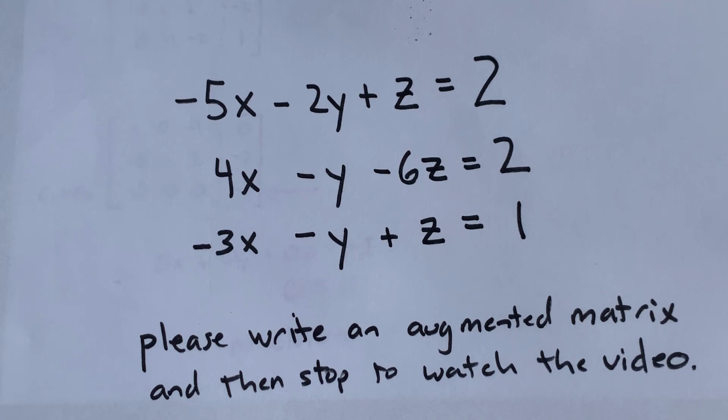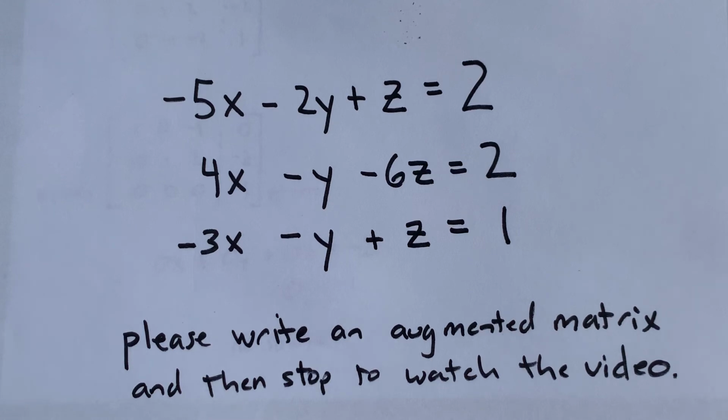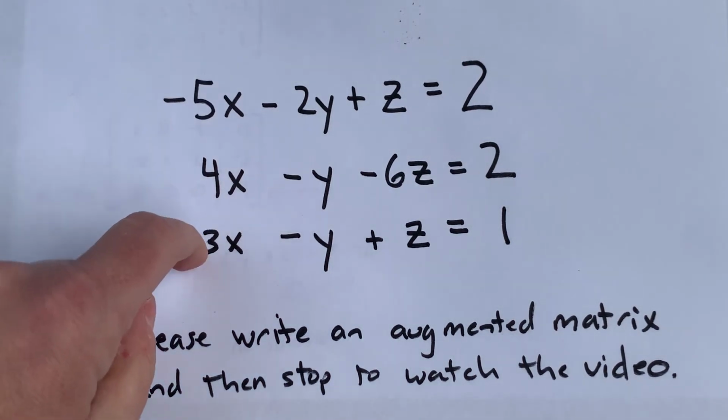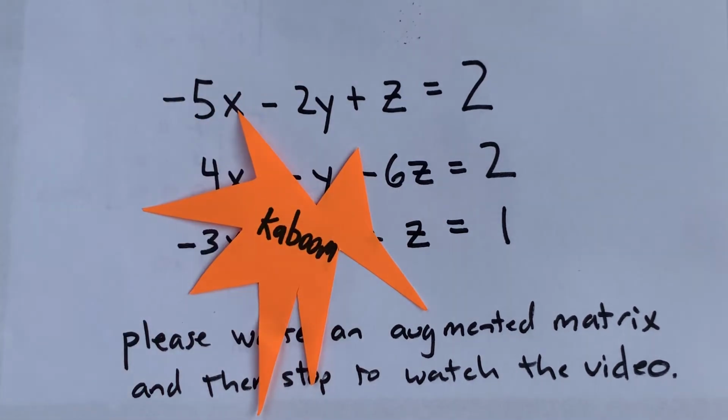No. So to finish this problem up, this is the only thing I want you to do: plug these three equations into GeoGebra in the 3D plotter and turn it around, zoom in, zoom out, spin it. What does that look like, and why are there no solutions? Kaboom!